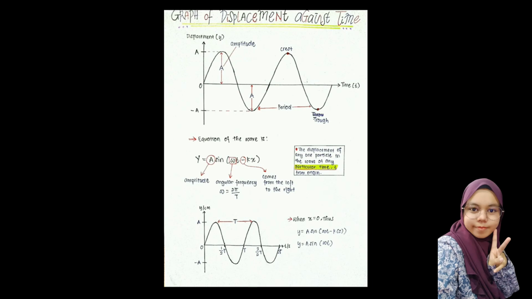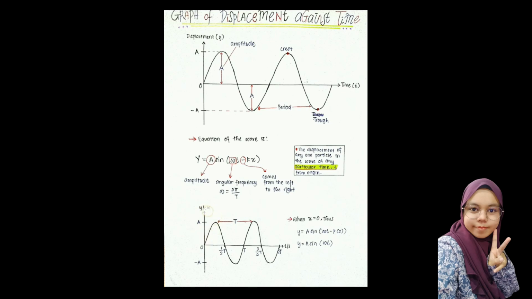For example, when x equals 0, in y equals a sine omega t minus kx, x will be 0. So we place x as 0 and we get y equals a sine omega t. Here we have amplitude.